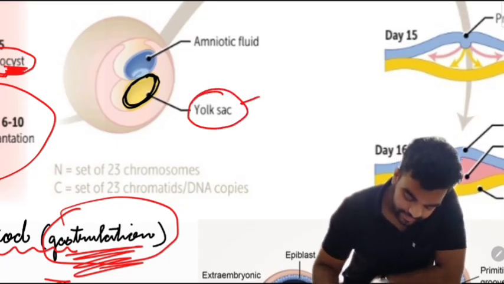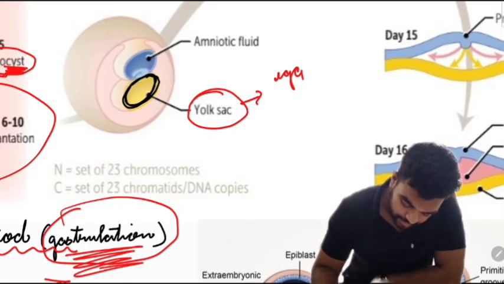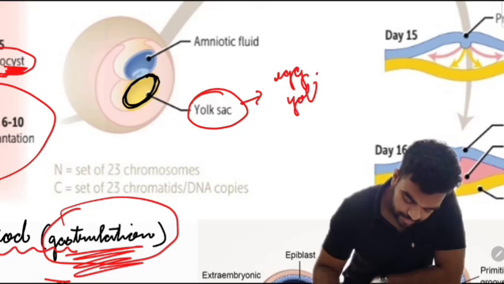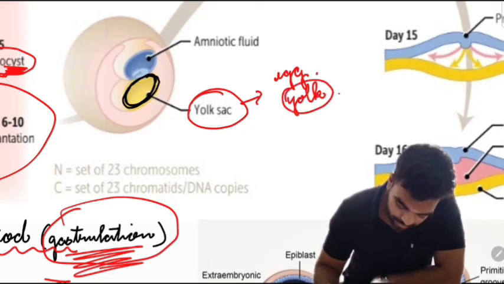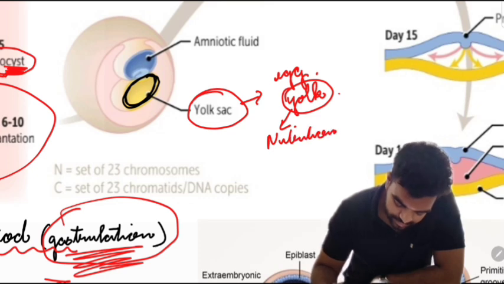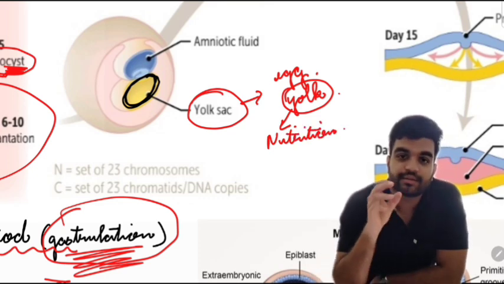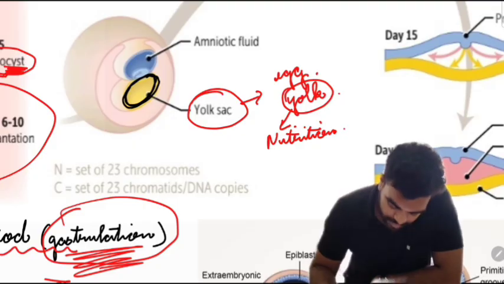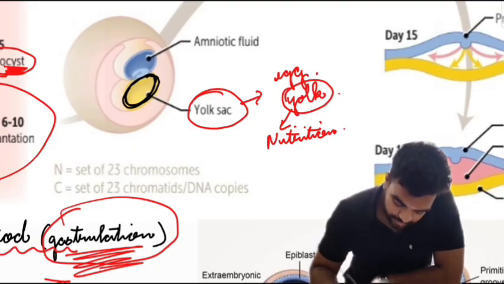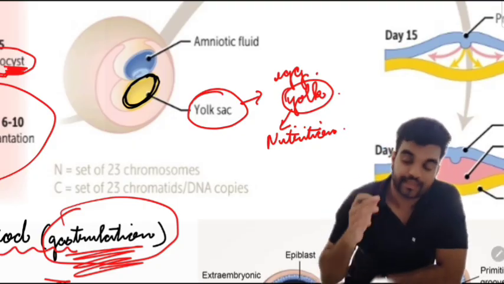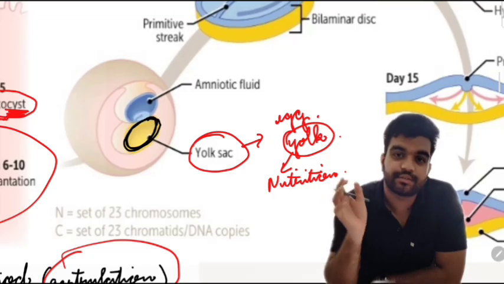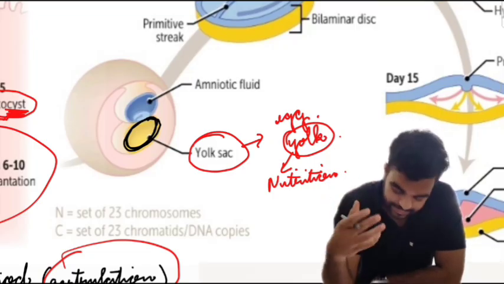You know egg has something known as yolk. What is the function of yolk? Yolk provides nutrition to the growing organism, right? So it's the same function here also. Yolk sac undergoes further differentiation into formation of allantois, etc. But that we'll discuss further.